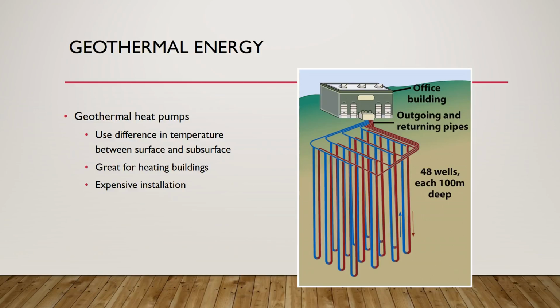The installation is expensive, but once it's installed and going, all you're paying for is essentially a fan. It's pretty simple from there on out. So there's a few buildings here in Walla Walla that make use of this, but again, you'd have to fork over the cash because, as you can imagine, installing these pipes and stuff underground in the construction could be a bit expensive.